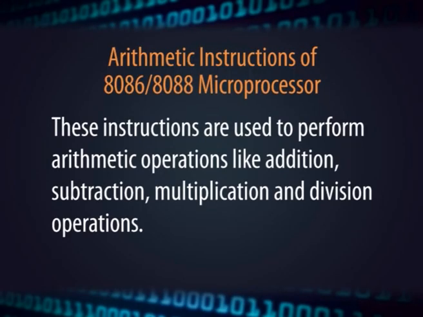Next, we talk about the arithmetic instructions of the 8086/8088 microprocessor. These instructions are used to perform arithmetic operations like addition, subtraction, multiplication and division. These operations are available on operands in which the numbers are stored in a variety of different data formats.